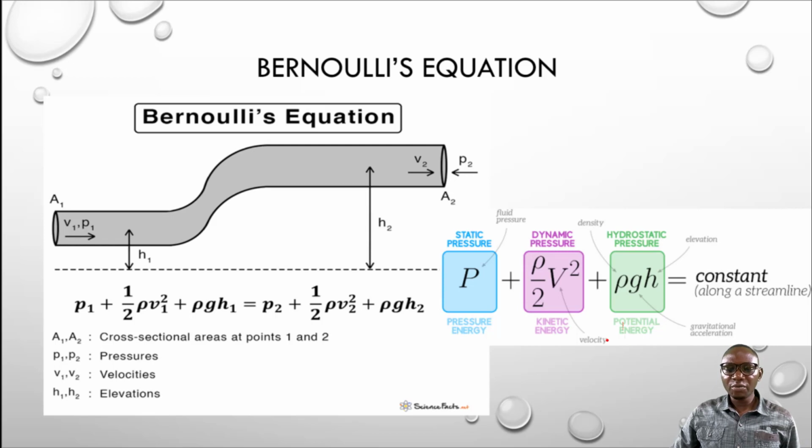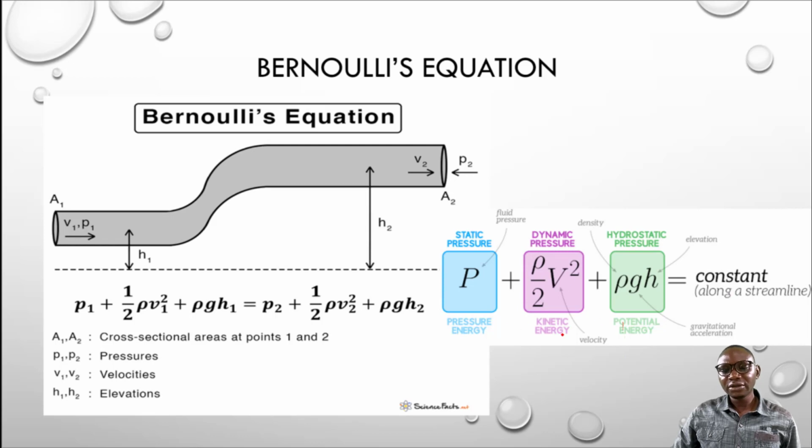Now see this formula on the screen. The P here is telling us the static pressure at the point of entry of the material, the second term is telling us the kinetic energy, and the third one is telling us the potential energy. We said from the energy conservation principle that the total energy in a system is constant.